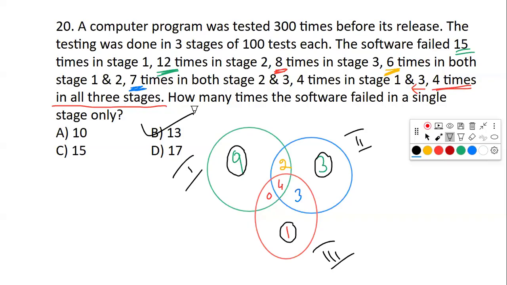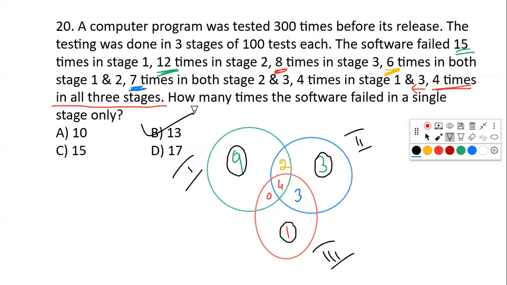Question may be big, but with Venn diagrams it is always easy to handle when you start marking from the intersection areas. Fill up the intersection areas. Anybody has any doubts, please ask.